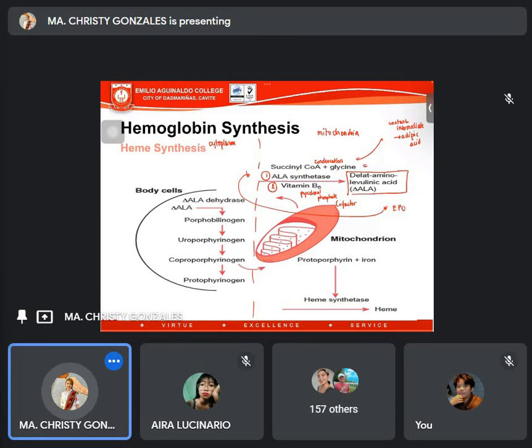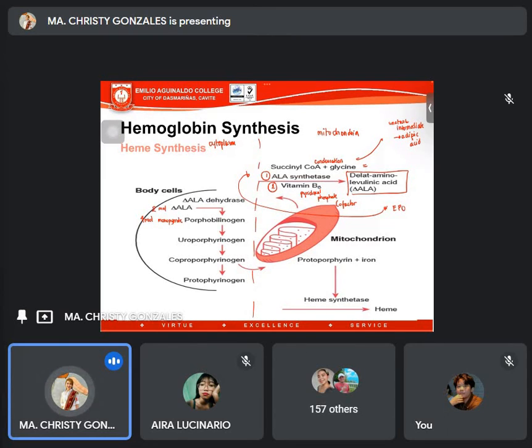Now, you will be using two molecules of delta aminolevulinic acid, which will be converted to porphobilinogen, specifically monopyrrole. By the way, this is occurring already in the cytoplasm of the cell. You understand?